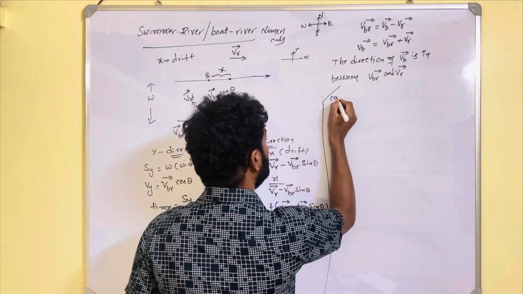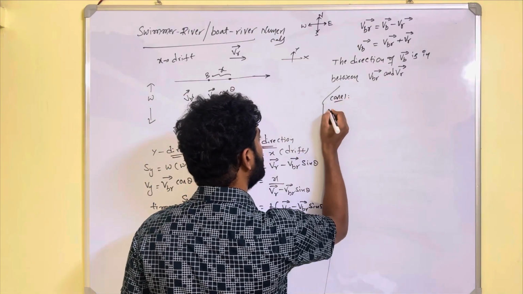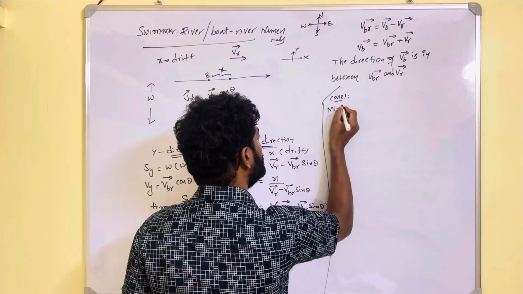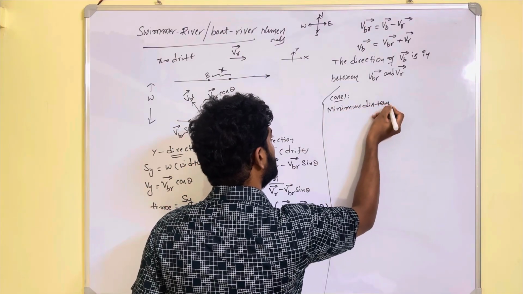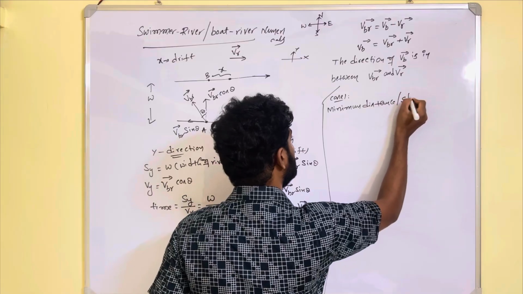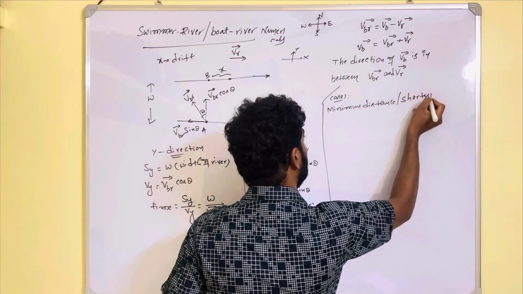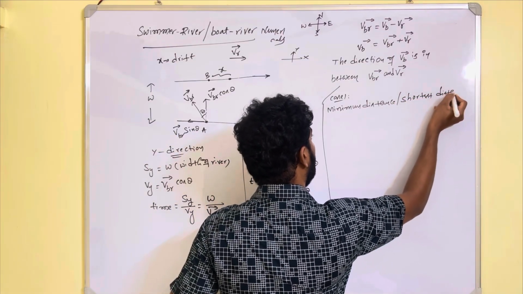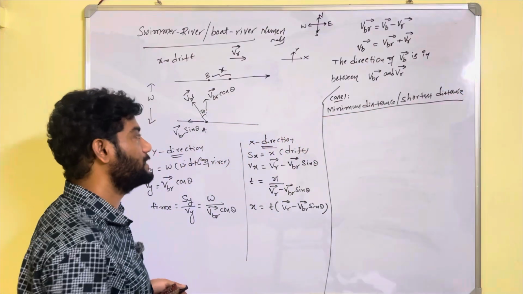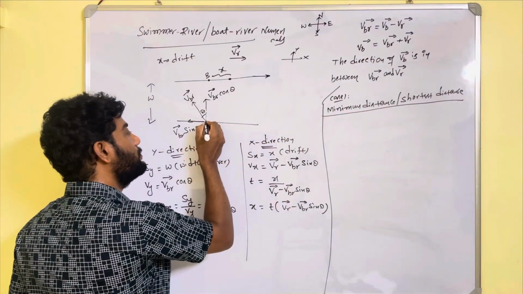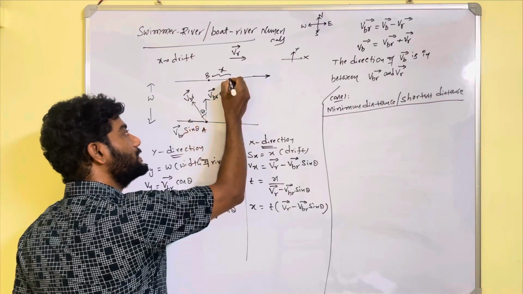Here case 1. What is asked here means minimum distance or shortest distance the boat traveled. Actually what happens here? The boat is trying to reach this point, but it reached this point or not.